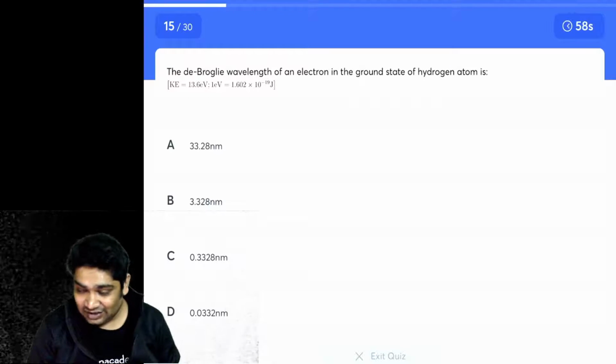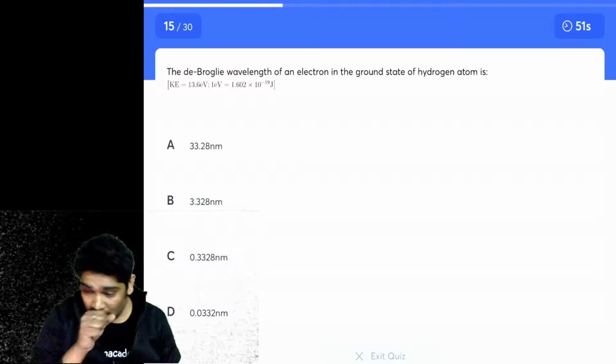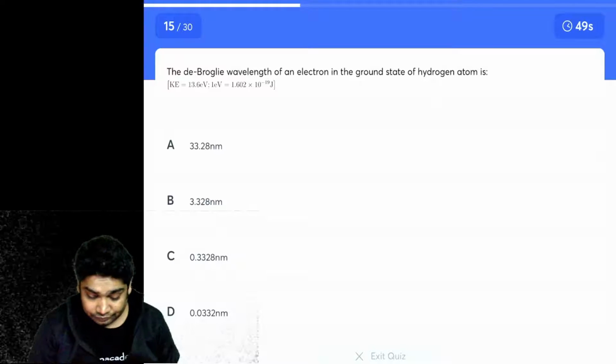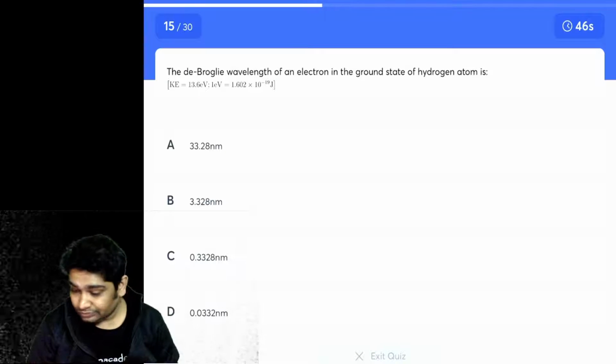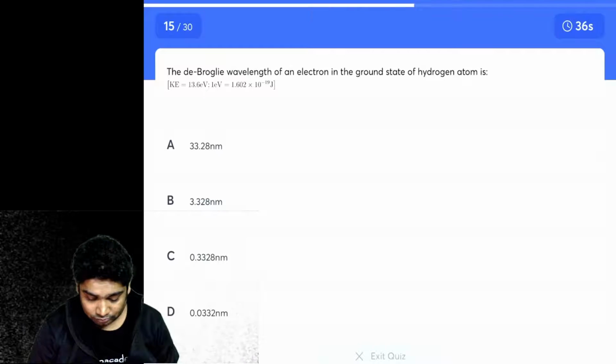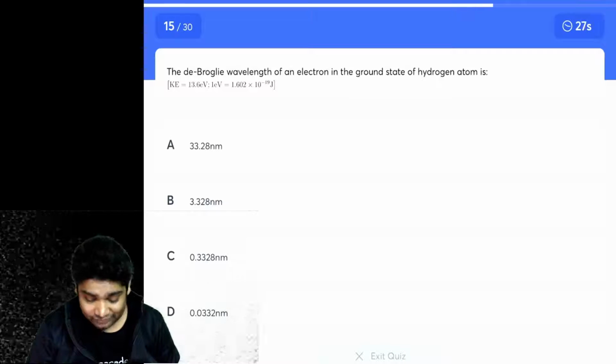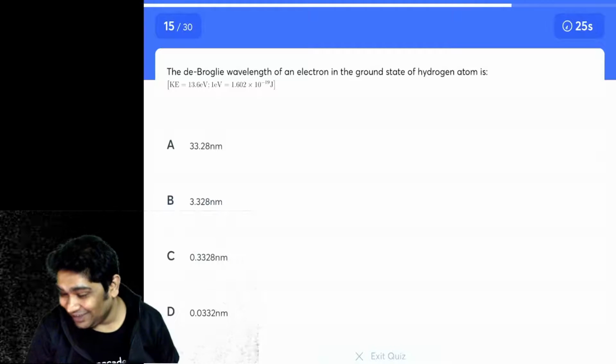A little bit of calculation. You just have to check the units.